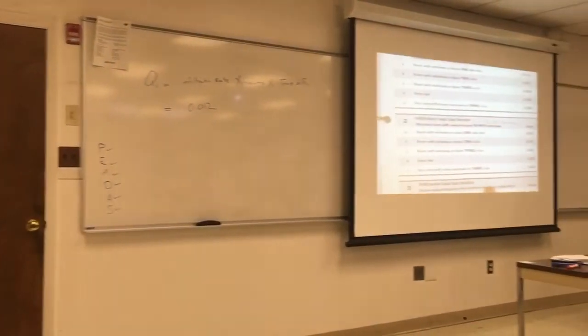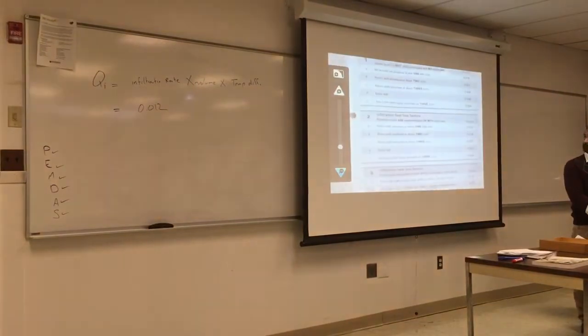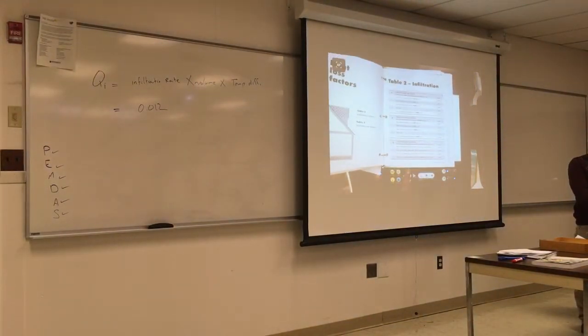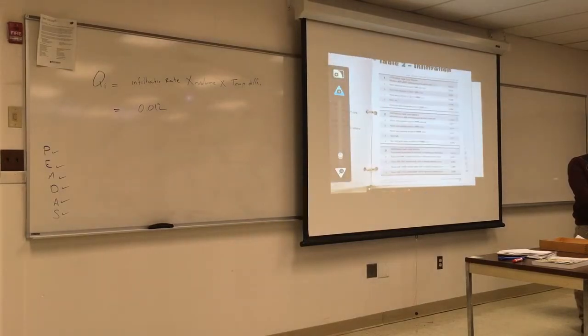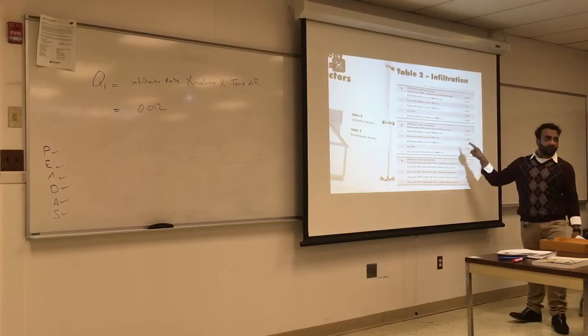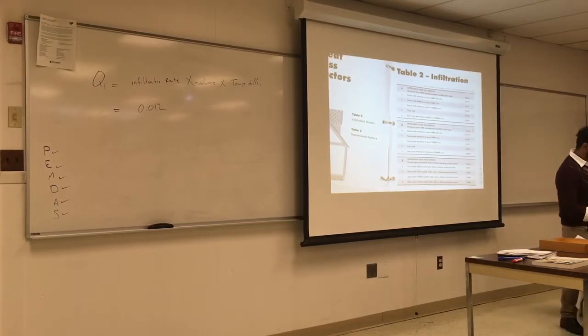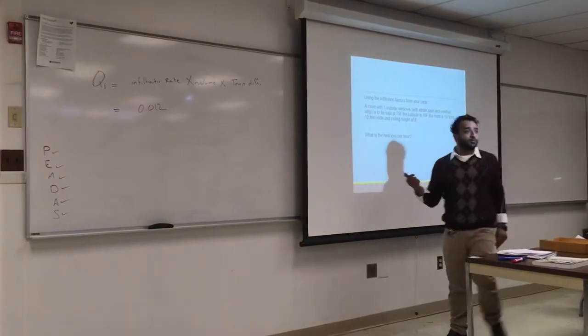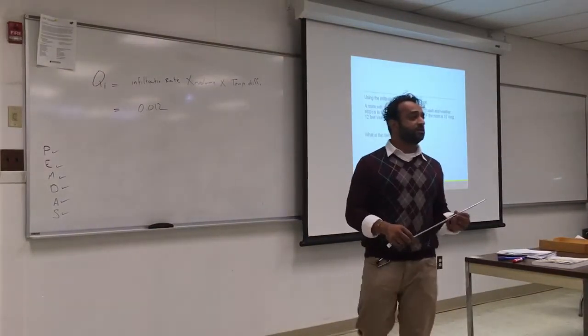If we look here, I did say it's a window with one side only, and it is weather stripped with storm sash, so 0.012. Does everybody understand where I got the 0.012? If not, please raise your hand.